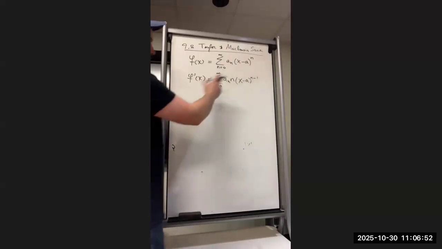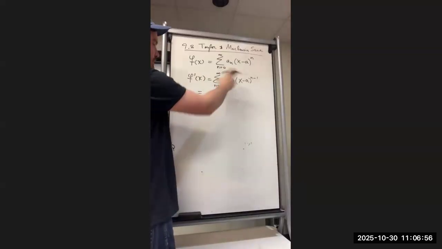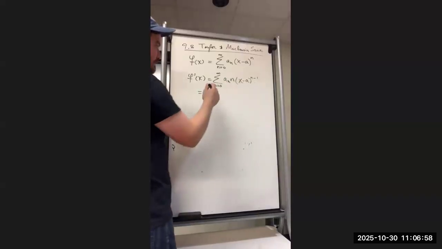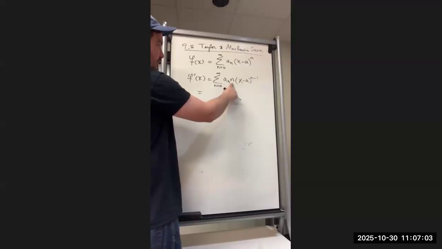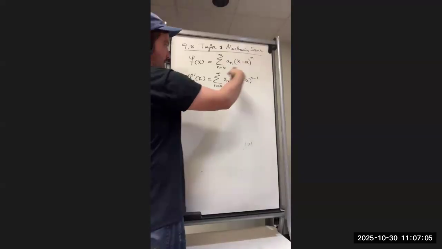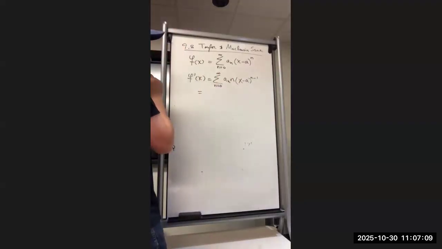One thing that can happen is that when we do that derivative, we lose one of the terms in the sum. So if we expand this sum, when we plug in 0, the very first term, a0, will die. Everything will die here because I have a factor of n here.